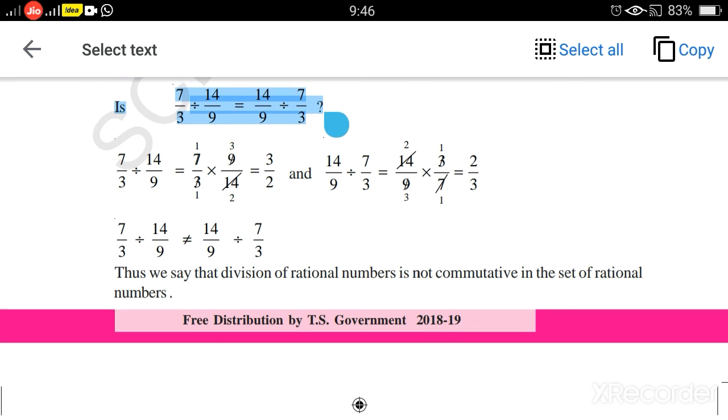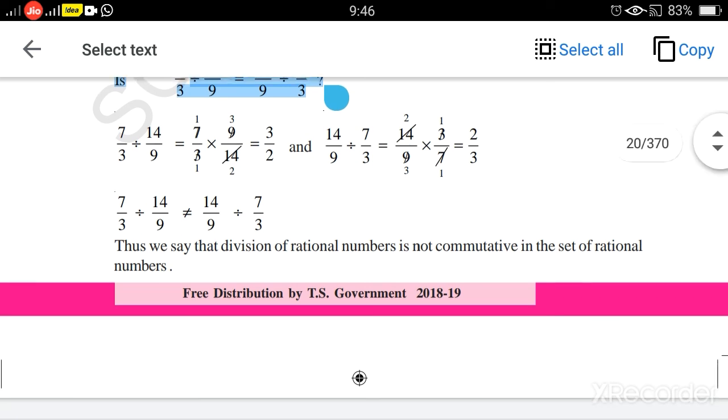Now we change the order and do the division: 14/9 divided by 7/3. The second fraction 7/3 has the reciprocal 3/7. So 14/9 into 3/7 gives 2/3.